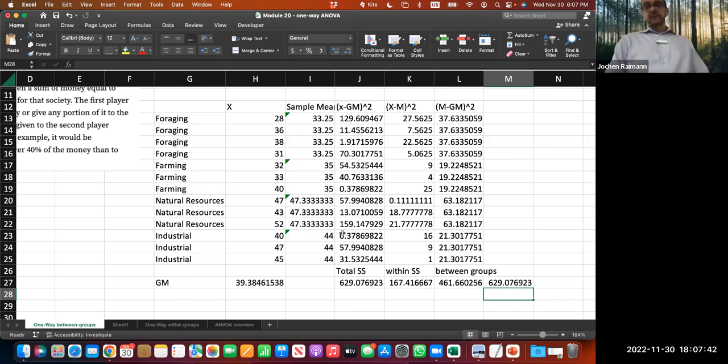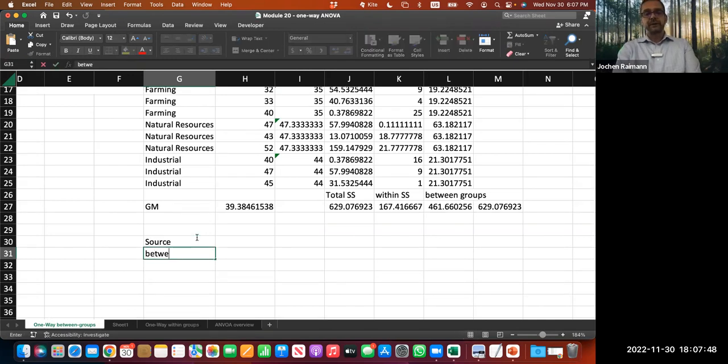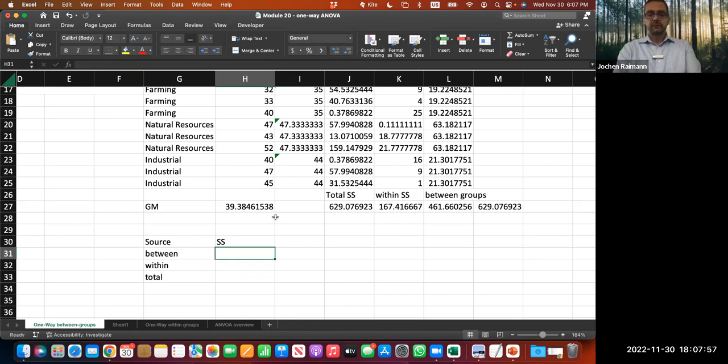And that's essentially what I meant: if you look at an ANOVA table, you have the so-called source table. So you have between, you have within, and you have total. With your sum of squares, you have between equals this 461. You have within, 167.